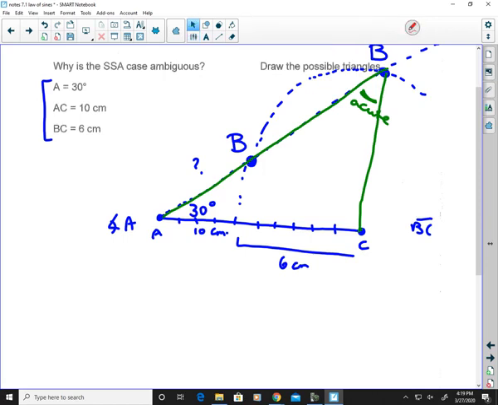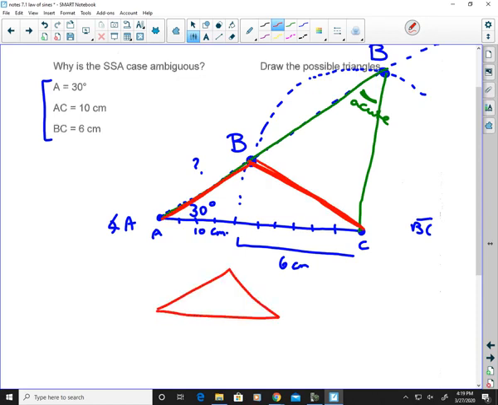But the one that seems more obvious when you draw it is this triangle, the red triangle. So we don't know if our triangle was this triangle, A, B, C, with a 10 and a 6, and we don't know what that angle is.